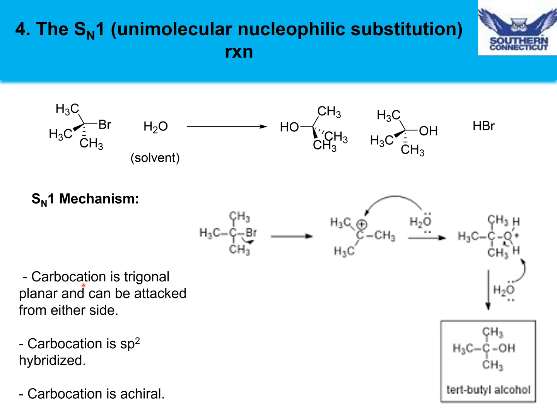So one of the things you might notice is this key intermediate in this reaction, this carbocation. Carbocations, to remind you, are trigonal planar. So basically, these three methyl groups are on the same plane, and they form a flat surface around the carbocation. So the nucleophile is just as likely to attack from the top side as the bottom side. So there's basically a 50-50 chance it will attack from the top or bottom.